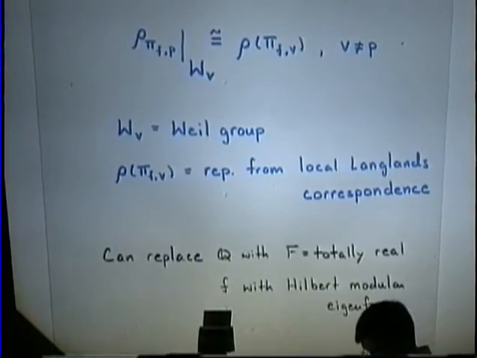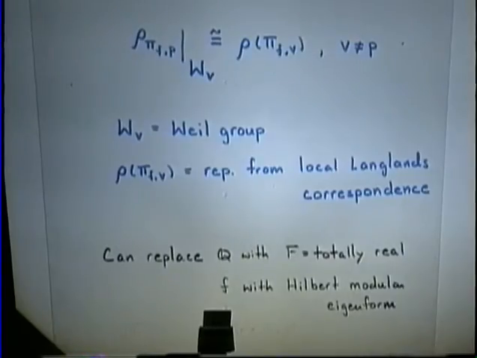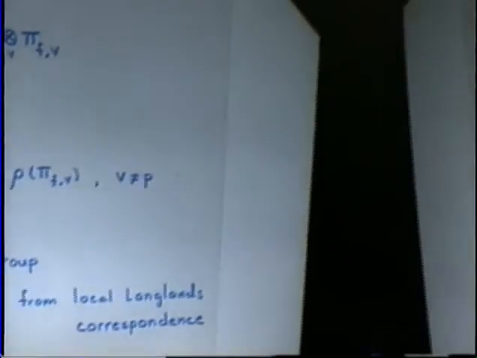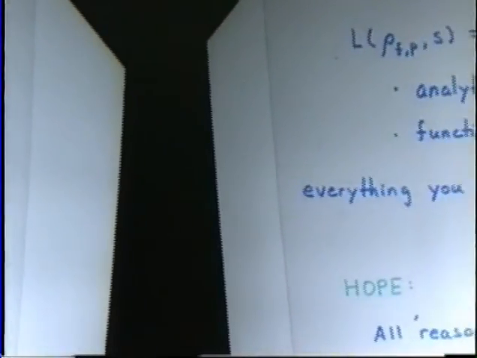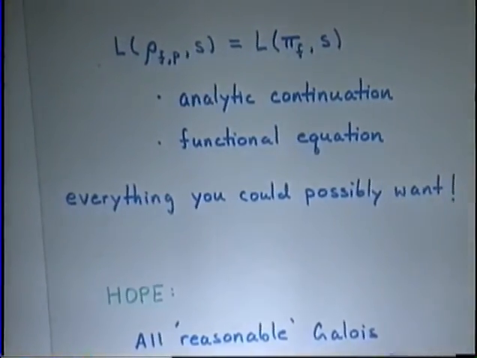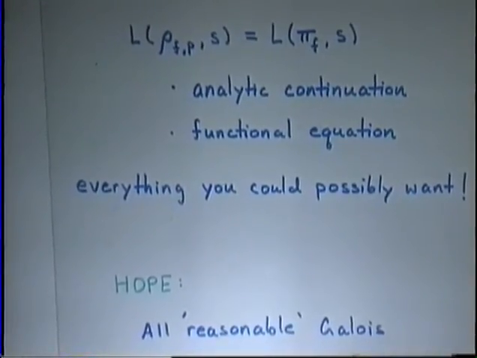So because of the association of these Galois representations with automorphic forms or modular forms, the L-function for the Galois representation is just the L-function of the automorphic representation.